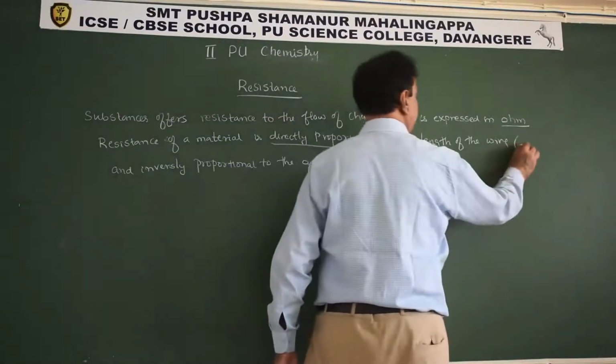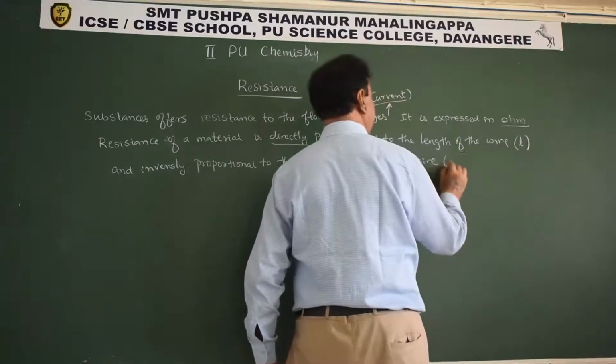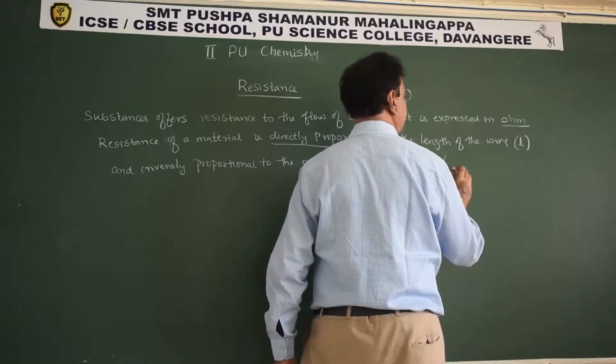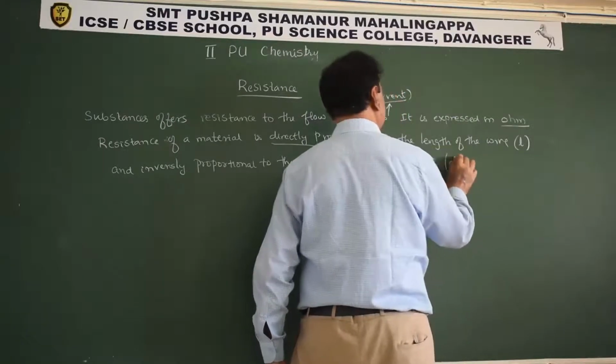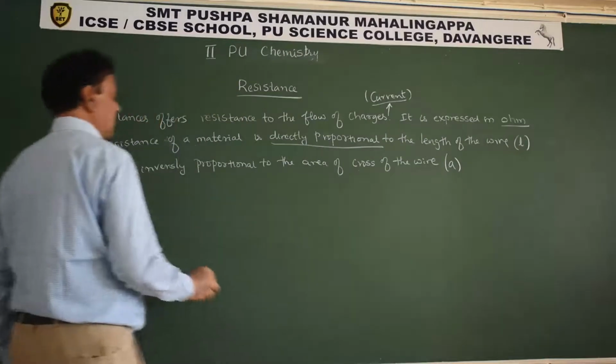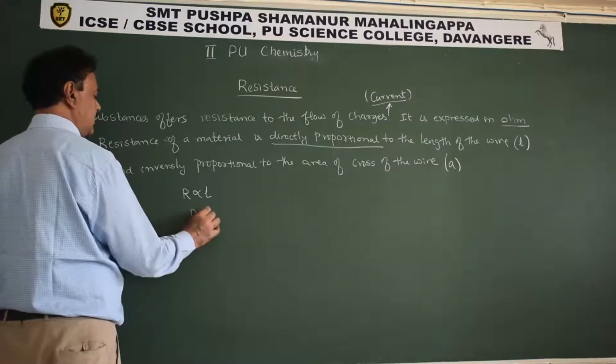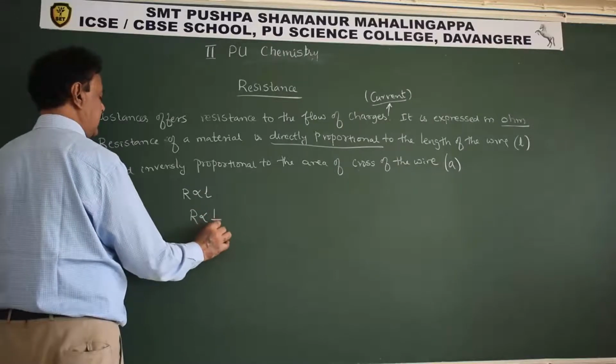Length of the wire is represented by small letter L, and area of cross section of the wire is represented by small letter A. Therefore, resistance is directly proportional to L, and inversely proportional to the area of cross section of the wire.